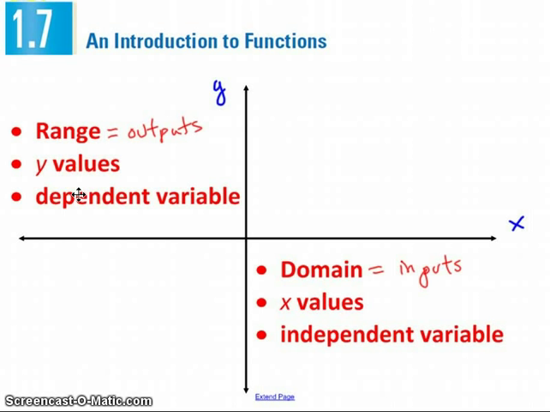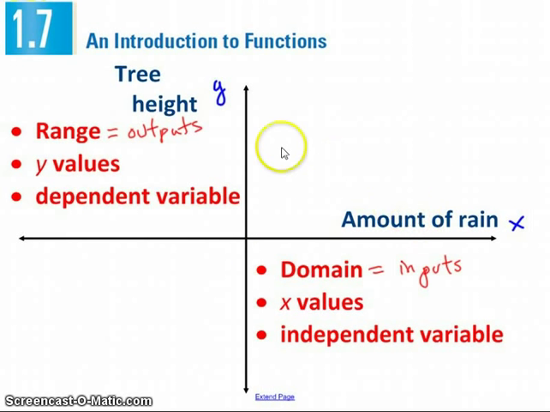Let's look at an example. If I compared the relationship between amount of rain and tree height, the amount of rain belongs on my x-axis. It's that independent variable. The tree height depends on, it's influenced by, the amount of rain. The tree height belongs on the y-axis. It's the output of my experiment.